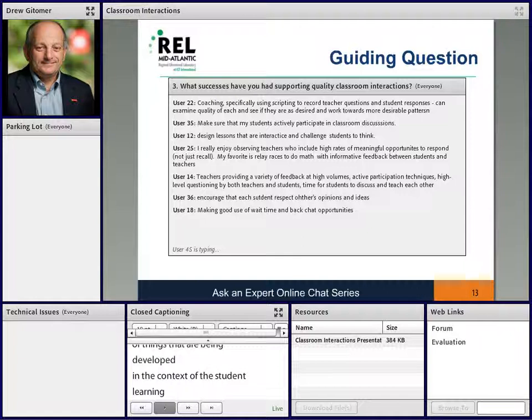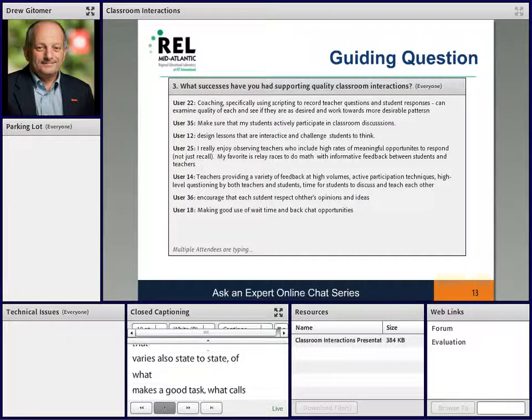They go by different names in different states. But the notion is that we can have common libraries, potentially, and that varies also state to state, of what makes a good task, what calls on, asks students to engage in meaningful sorts of intellectual exercise.